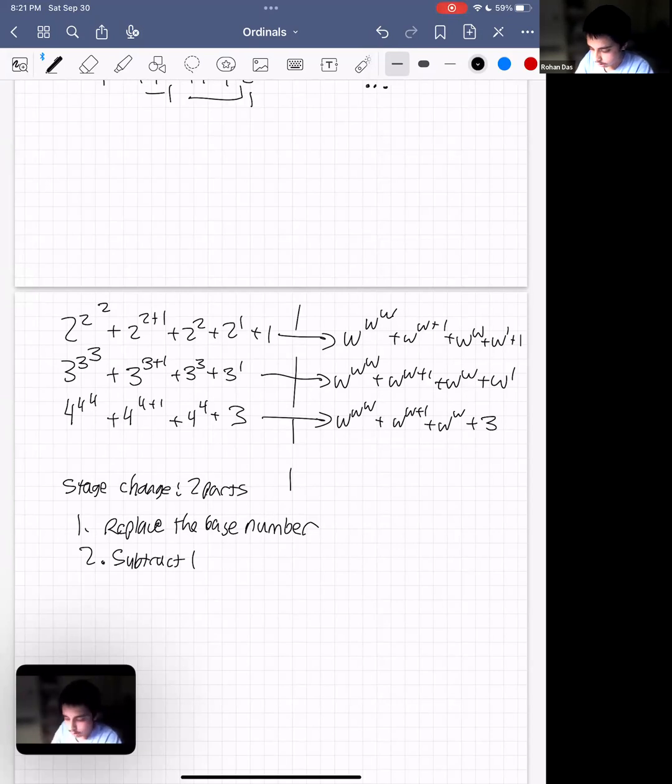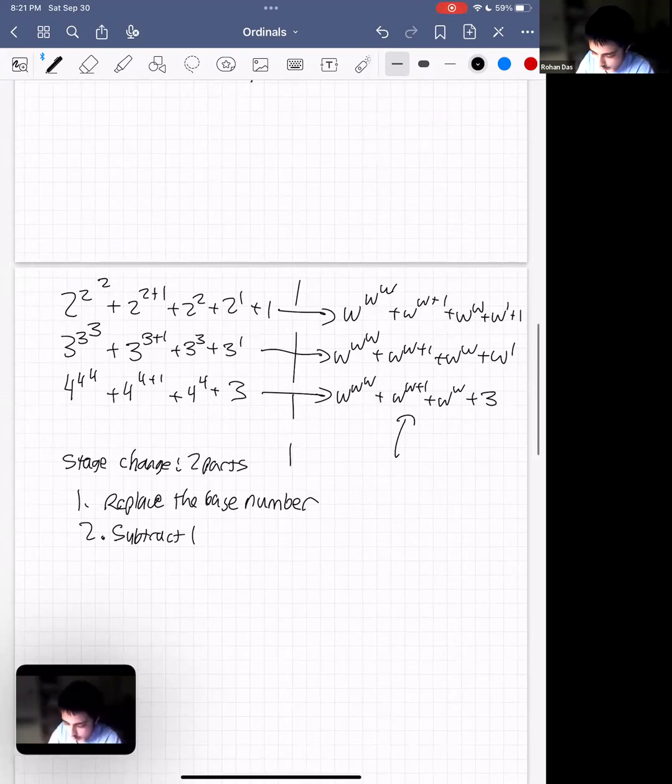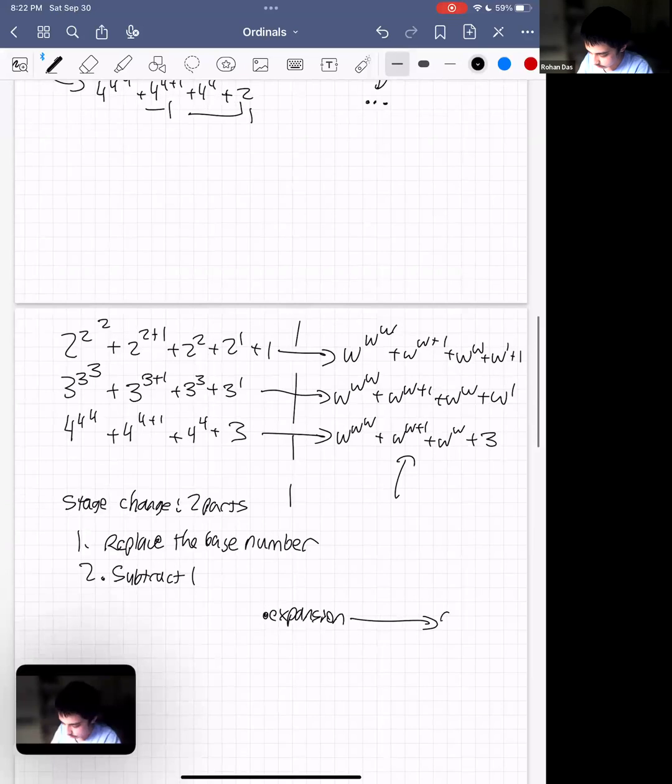And if we look at our paralleling sequence here, step 1 in this stage change does not actually change anything anymore, because let's say we are starting with some expansion, and then we have the paralleling term which replaces 2 with omega.